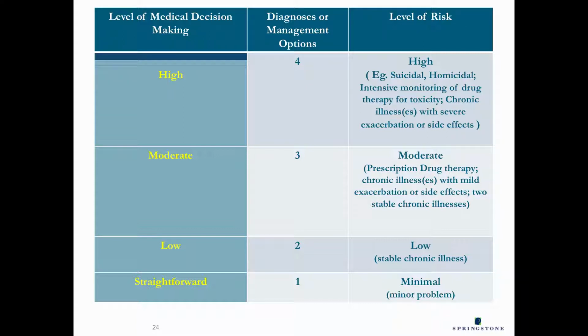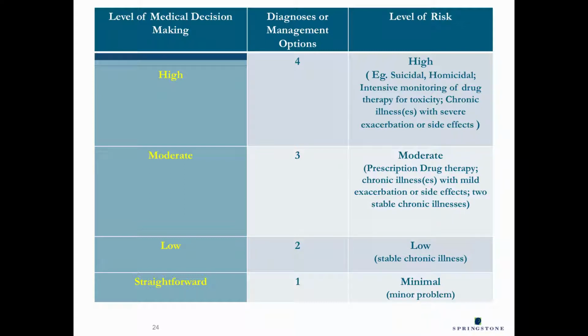So let me describe in a little more detail the two areas and how you would determine and document the two areas, the number of management options and the level of risk for the different levels. Looking at level of medical decision making from high at the top to straightforward at the bottom, you can see that you need at least 4 management options at the highest level, only 1 at the straightforward level.